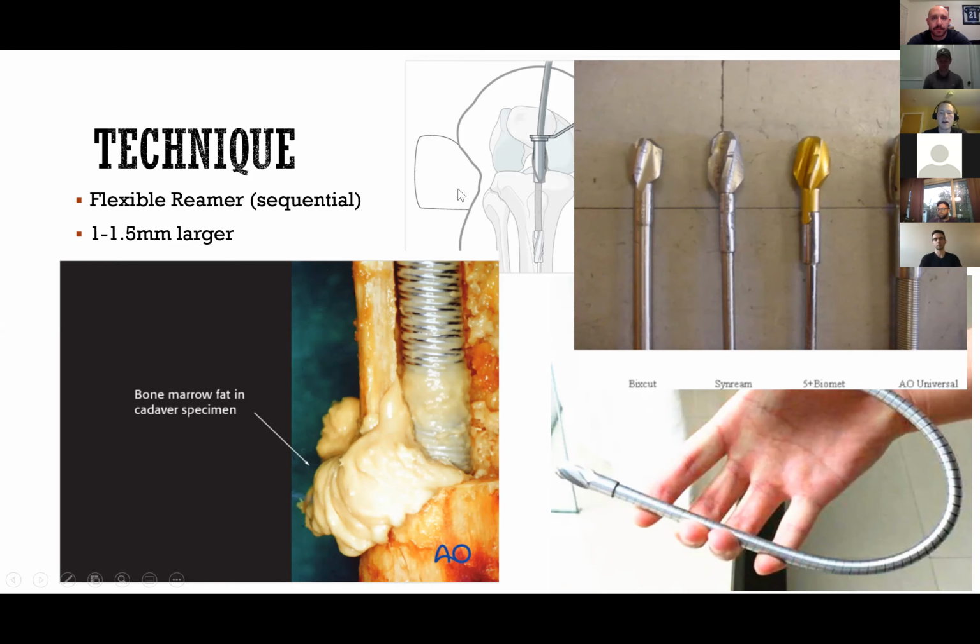That can be minimized by your technique by being very slow in advancing the reamer, and it's lessened by the fact that the pressure within the canal is decreased by the fracture.